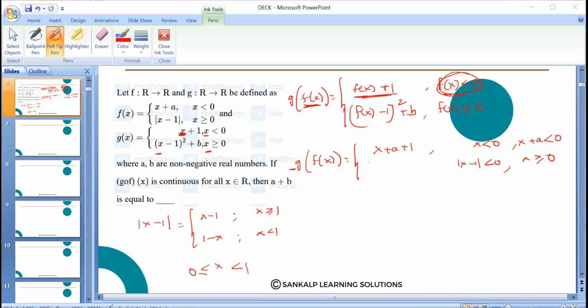Then the function will be mod of x minus 1 plus 1 in this function. Whereas the other one is x plus a greater than or equal to 0, but x less than 0. For that, we will have x plus a minus 1 whole square plus b.